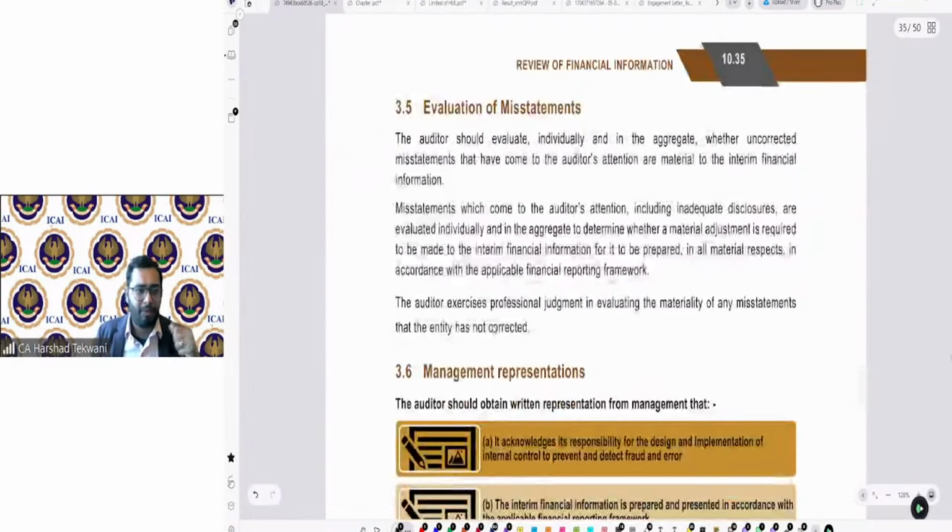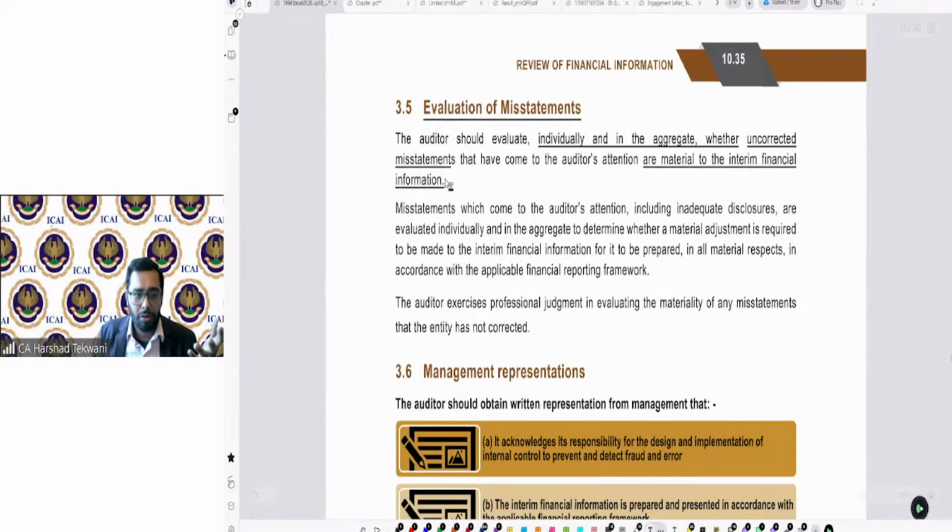SRE 2400. Evaluation of the misstatement, how the auditor should evaluate the misstatement. He should evaluate individually and in aggregate whether uncorrected misstatements that have come to the auditor's attention are material to the interim financial information or not.